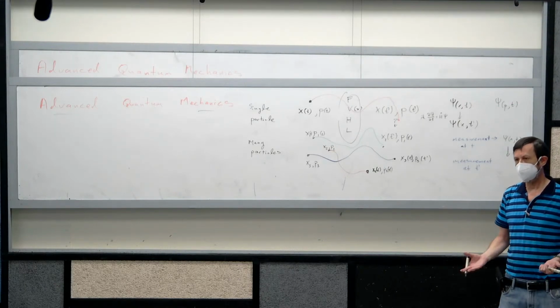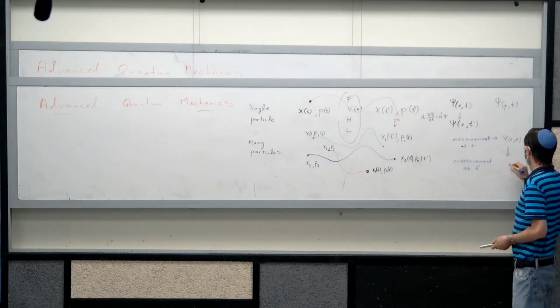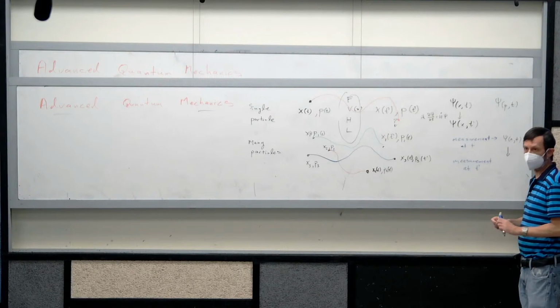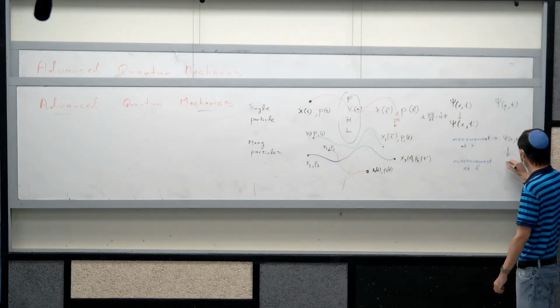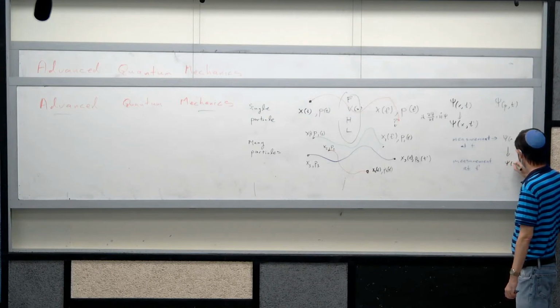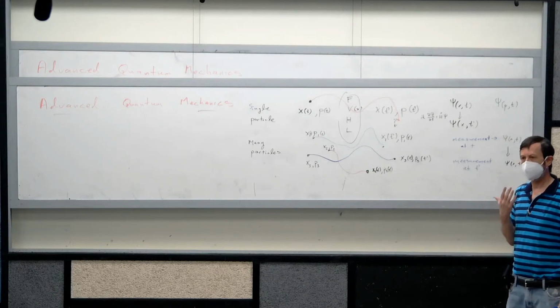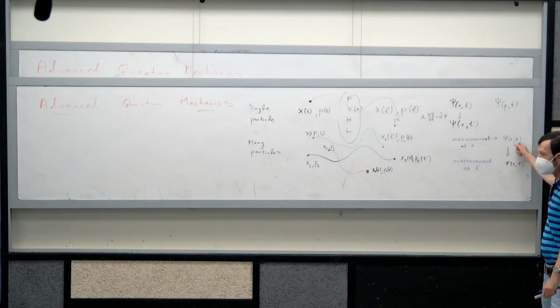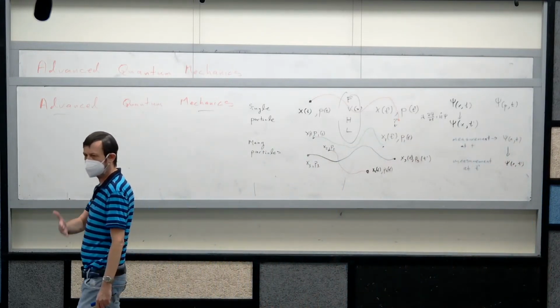After performing the measurement, we'll get some other psi, which will tell me what was the result of this measurement. So if everything depends on the measurement, why do I need to describe the development of the wave function between t and t prime?